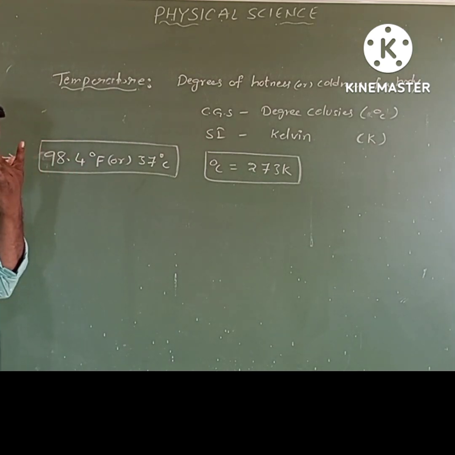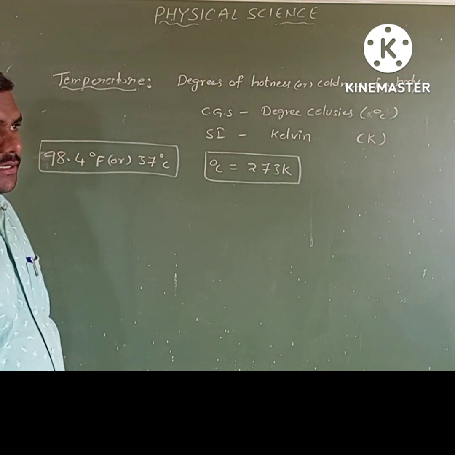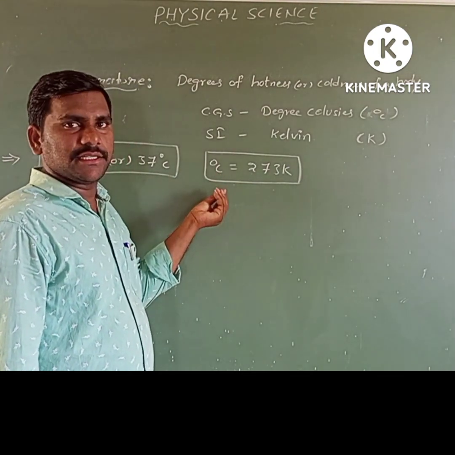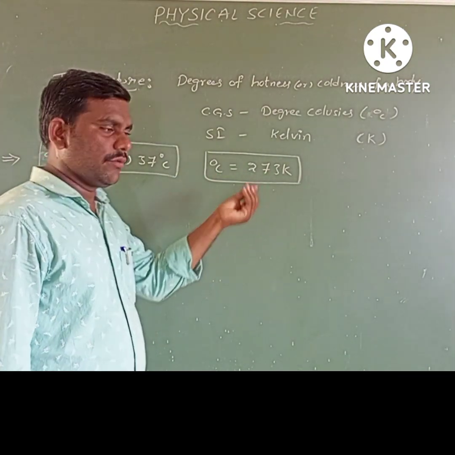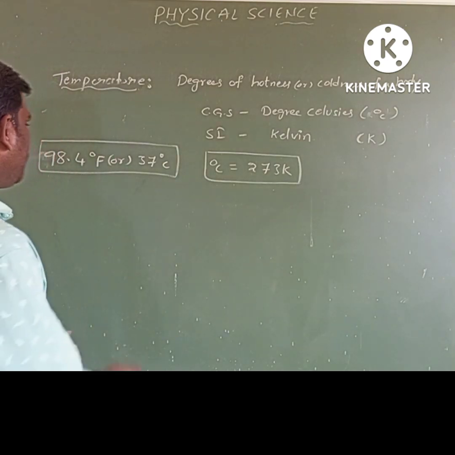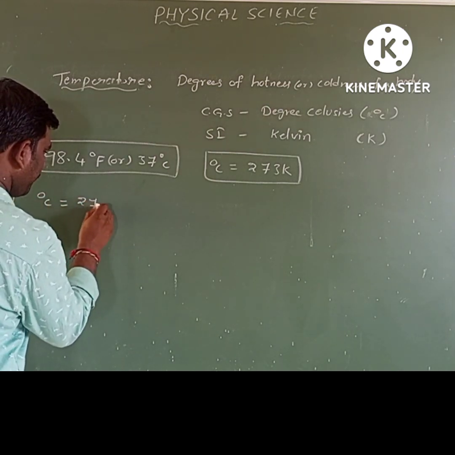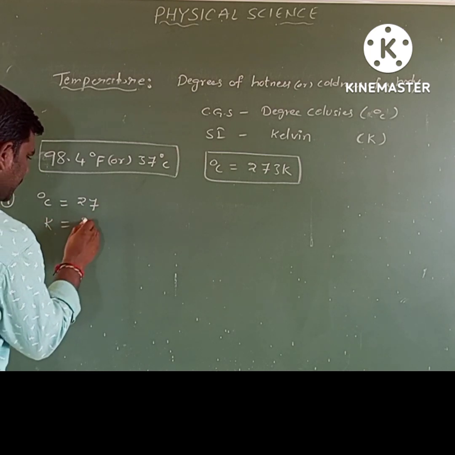So here we can look at temperature conversions. Suppose we take some value in degree Celsius and convert it into the Kelvin scale. The first example: take degree Celsius equal to, suppose, 27, then find the Kelvin scale.